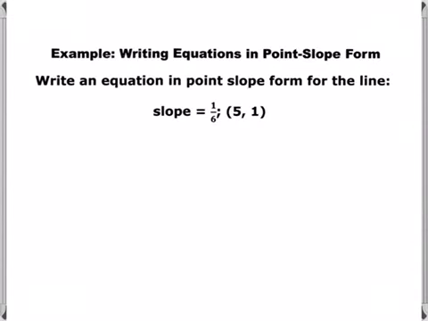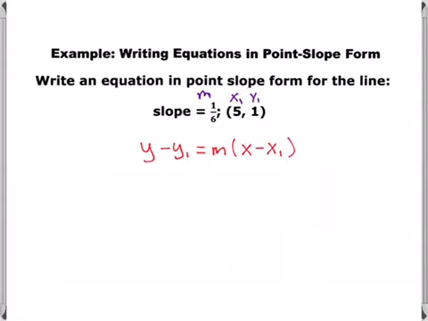We want to write the equation in point-slope form for the line given the following information. So our slope in this case, or m, is going to be 1/6, and they give us the point 5,1, which is going to represent x1, y1. So let's recall that point-slope form said we have y minus y1 equals m times x minus x1.